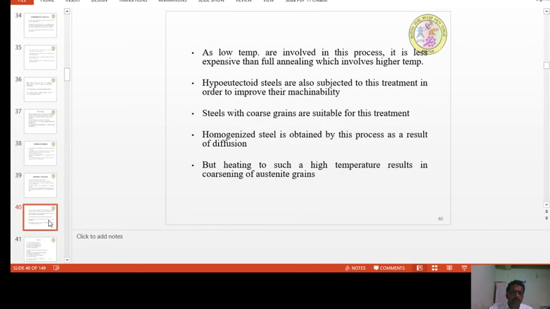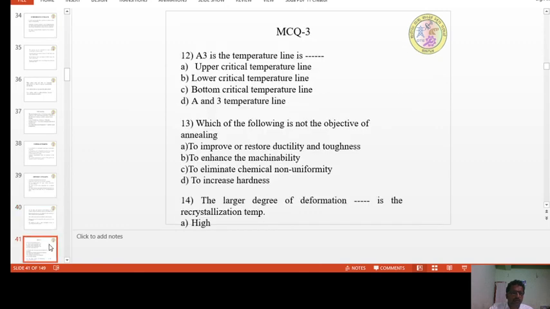So with this, we can see some of the multiple-choice questions. Let us say A3 is the ___ temperature line. Is it the upper critical temperature line, lower critical temperature line, bottom critical temperature line, or A and 3 temperature line? So A3 is the upper critical temperature line.